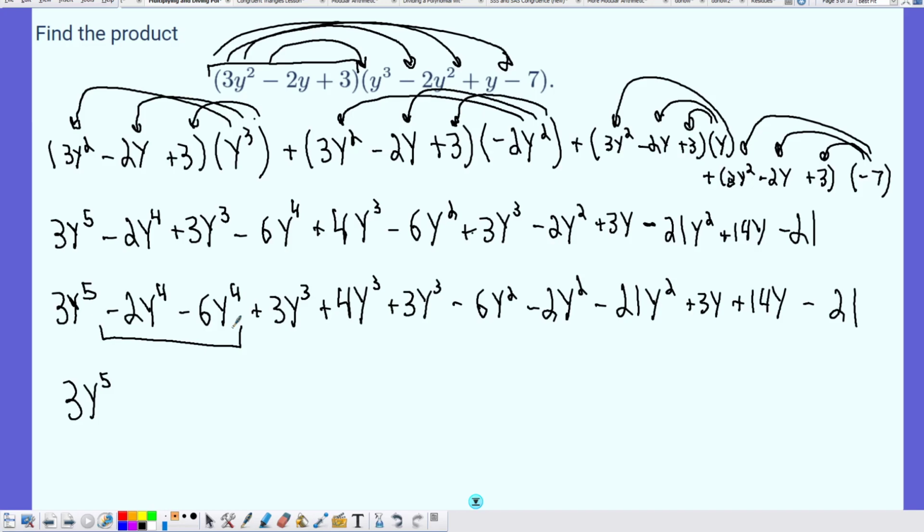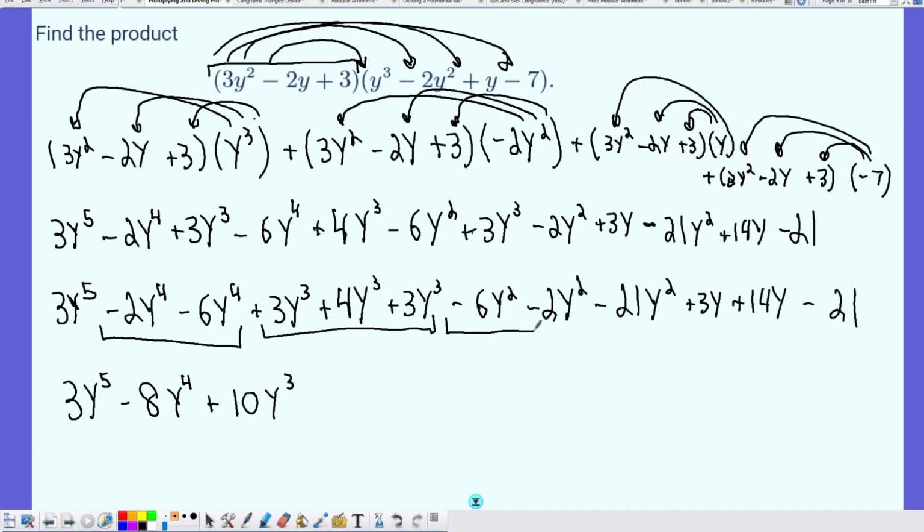Now, remember, we're working with like addition and subtraction now, so negative 2 minus 6 is negative 8, and exponents stay the same, y to the fourth. Now let's combine my y to the thirds. 3 and 3 is 6, plus 4 is 10, so we have plus 10y to the third power.